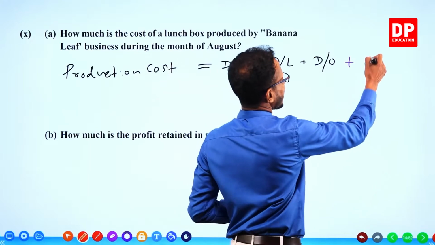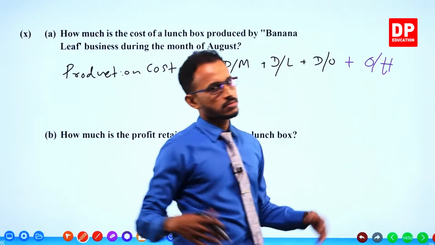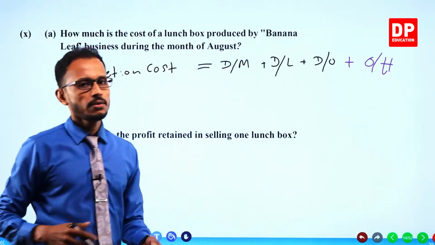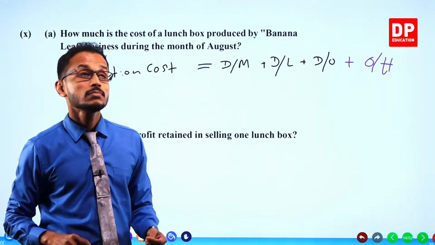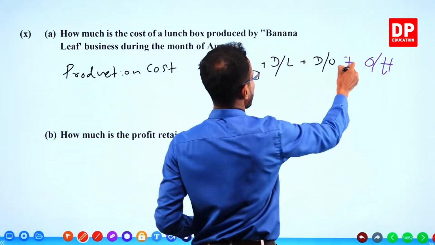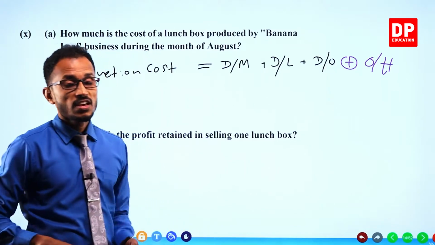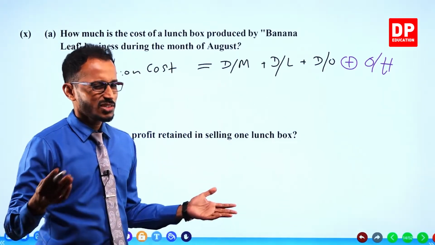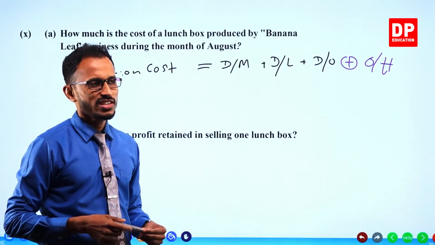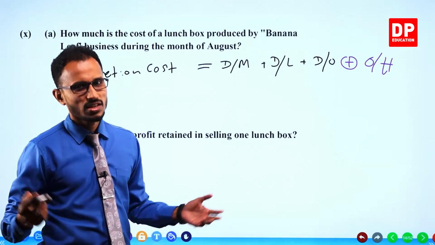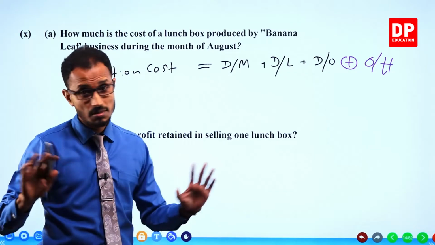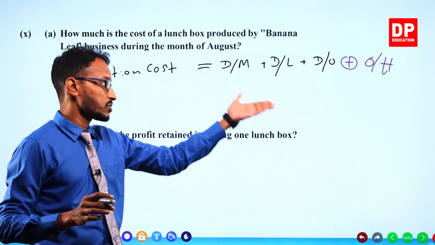A lot of time must be spent, but if you practice these questions, you can finish within 2-3 minutes, because you cannot take more than 2-3 minutes for these types of questions.